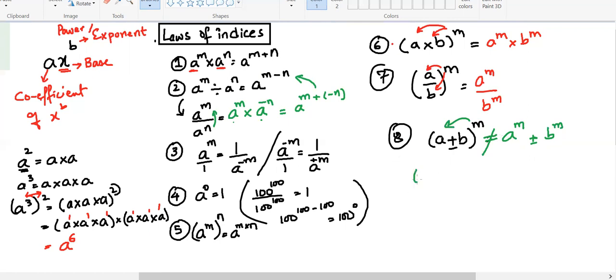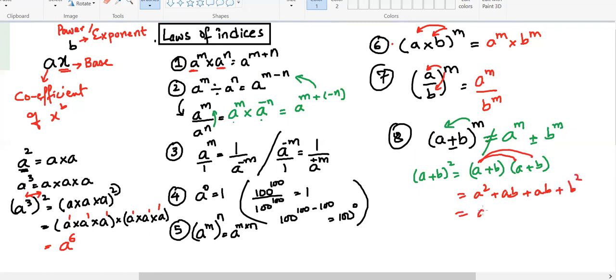Let's take an example. If it is (a plus b) whole squared, then square means this a plus b is multiplied by itself twice. And this leads to a times a is a squared, a times b is ab, b times a is ab again, and then b times b is b squared. We get how many terms? 3 terms.